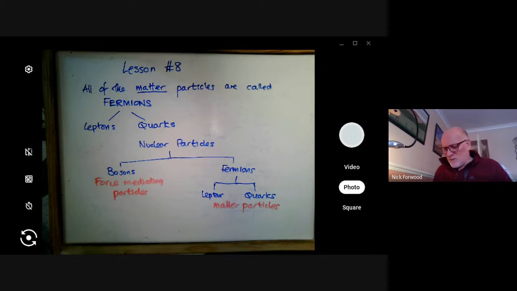So part of what you're going to do, because this is the last bit, is log on to Glow, go to the West OS tile and have a look for a couple of presentations on the Standard Model, which brings together all of the stuff we've done in the 8 lessons. And also there's another video which verbally works through solutions to SQA questions, and I think that's quite good.